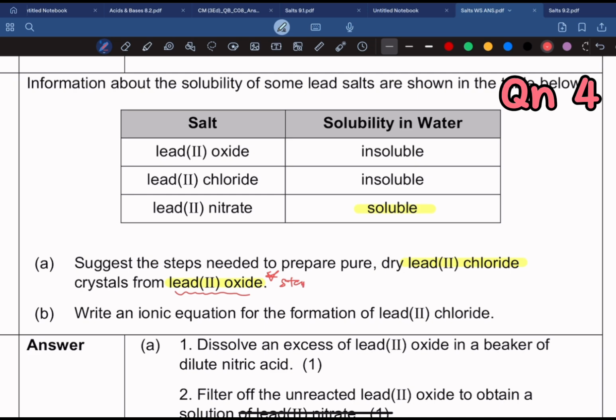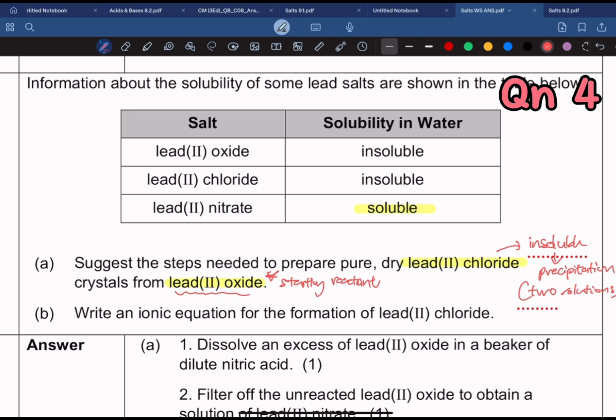You must start from this, which means this is your starting reactant. You cannot use any other reactants. You cannot say I want to start from lead(II) nitrate or lead(II) chloride. You must start from lead(II) oxide and you must form lead(II) chloride. So we also know lead(II) chloride is insoluble and it must be done with the precipitation method where you mix two solutions.